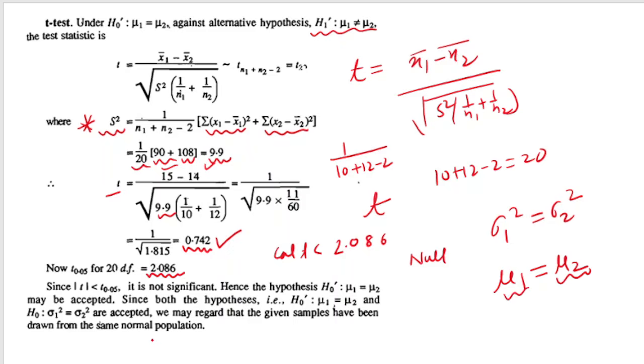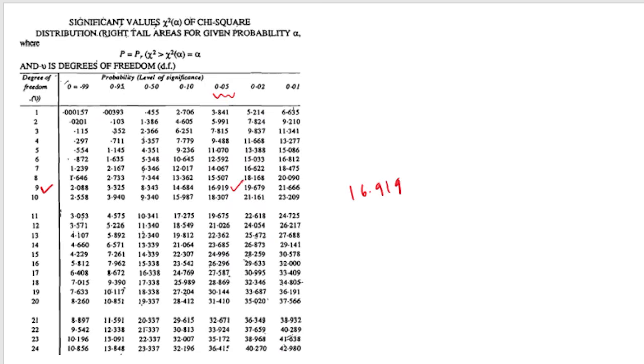And since the null hypothesis is accepted, we conclude that the population means are the same. It means that the samples can be regarded as taken from the same population, because their variances are coming to be the same as per the samples, and their means are also coming to be the same. So this is how the F-test is used.